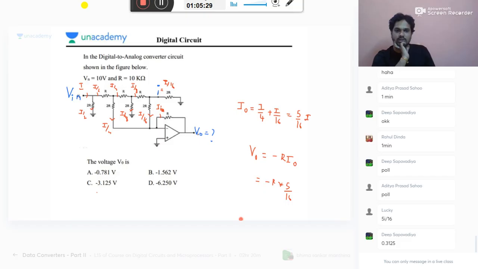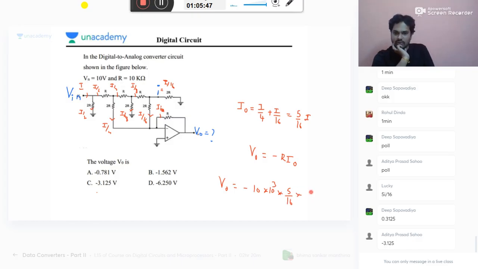So what is the R value? Minus 10k into 5 by 16 into I. What is I? Already we calculated 10 power minus 3, which will give you minus 3.1.